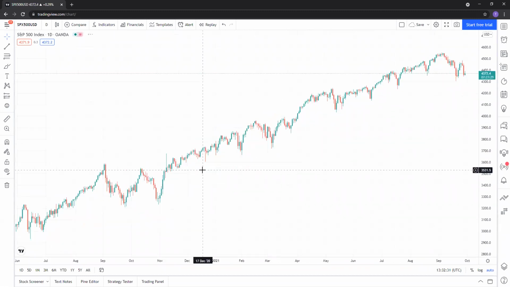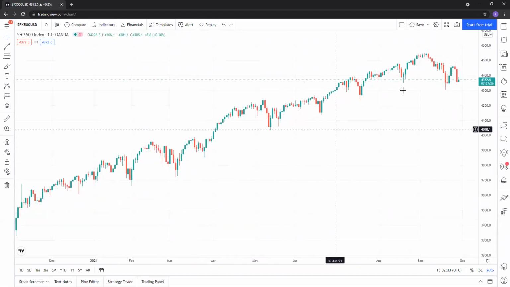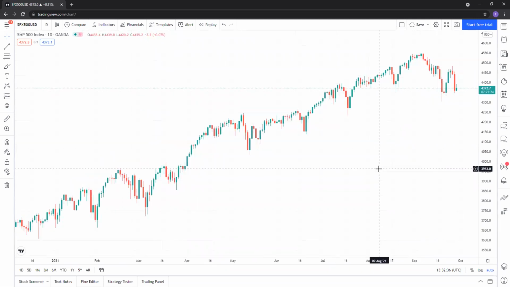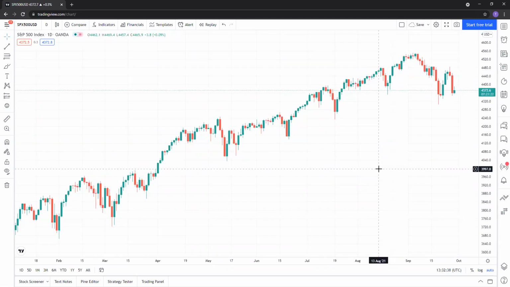Of course, these indices, the S&P, have a clearer trend than the Forex market. The Forex market is more a ranging market than a trending market, but indices and stocks are more trending. So I usually don't go short on indices and stocks. I try to go long, but I don't go long at the top. Okay, I wait for pullbacks, and then continuation, or a pullback to a key level, and then I look to join the bullish market. Same with Bitcoin, same with everything.